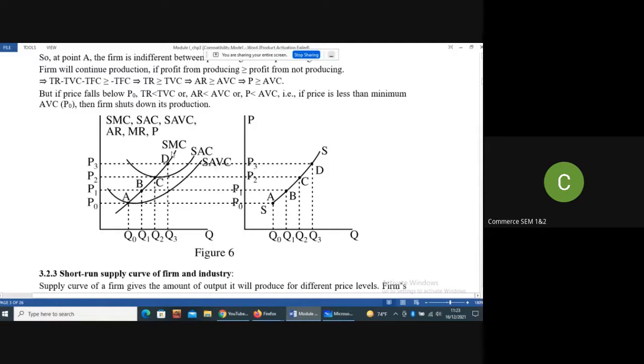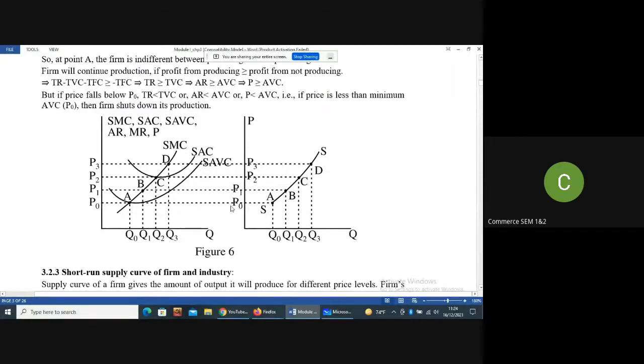So the short run supply curve is the marginal cost curve above the minimum point of the average variable cost curve. Now in case of the long run, what is happening?